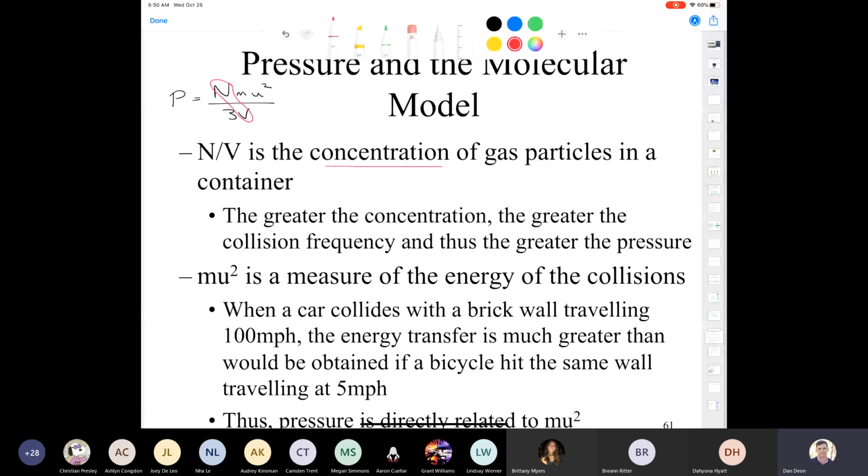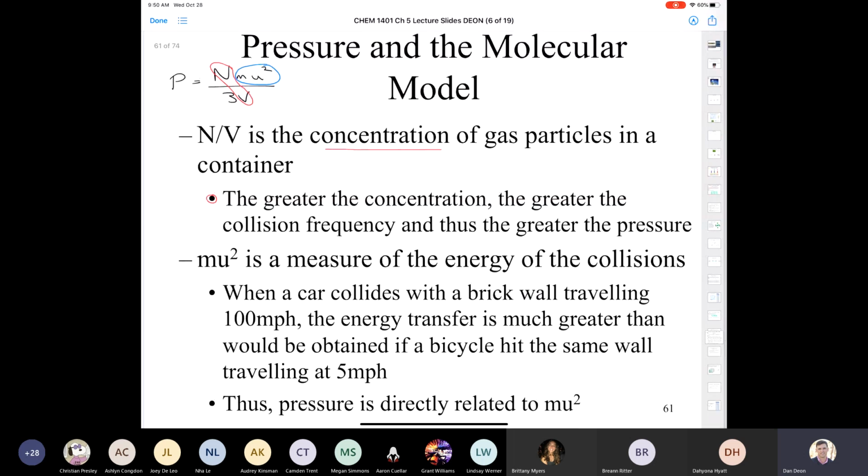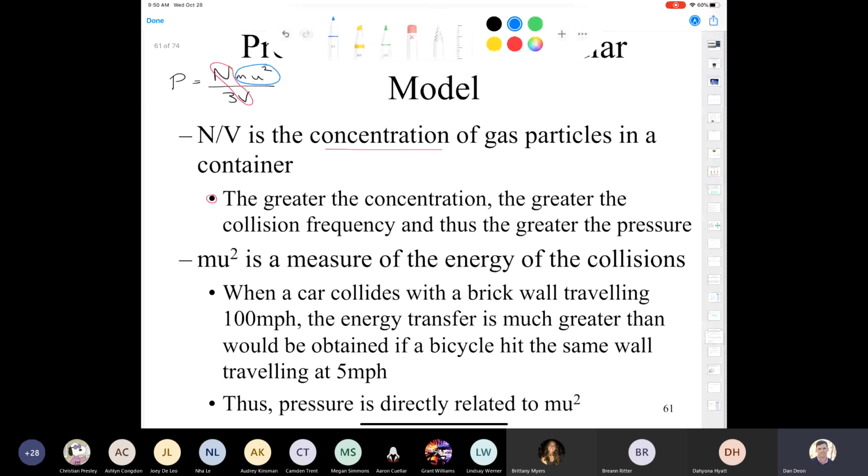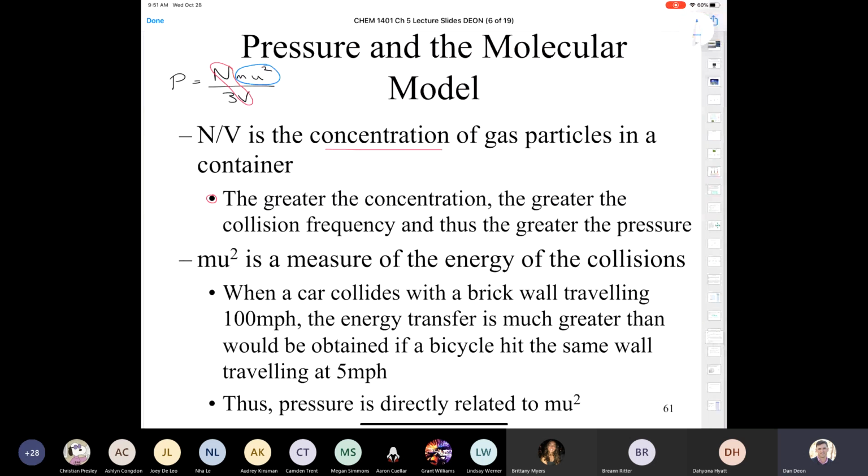It stands to reason that the greater the concentration, based off of everything we said, the greater the collision frequency, and thus the greater the pressure. We have simply more particles per unit volume, and then we're going to have more collisions, and we said that pressure was based off of collisions. What about this m times speed squared thing? That's a measure of the energy of the collisions, and I'm sure that many of you have studied physics and have looked at the formula. Kinetic energy is equal to 1/2 times mv squared.